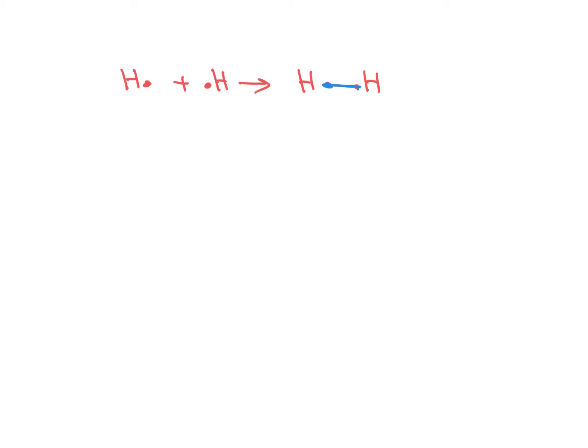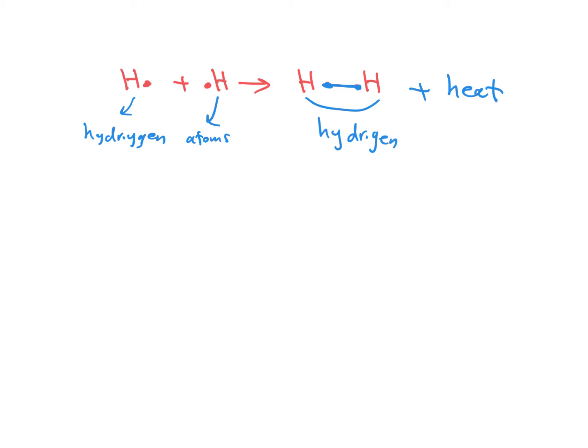So each of them now has basically 2 electrons plus heat. So you should remember that each of these is a hydrogen atom, and then this is a hydrogen molecule, and this reaction is exothermic because it releases heat.